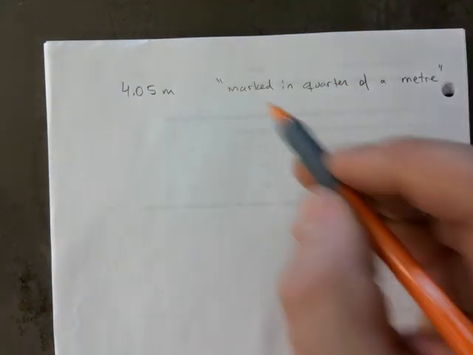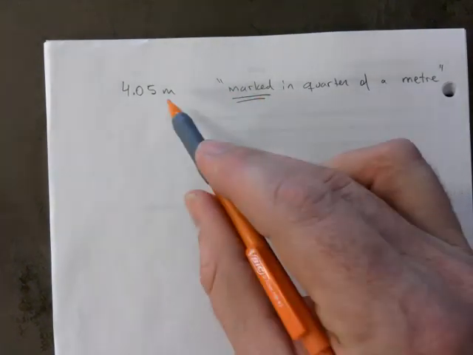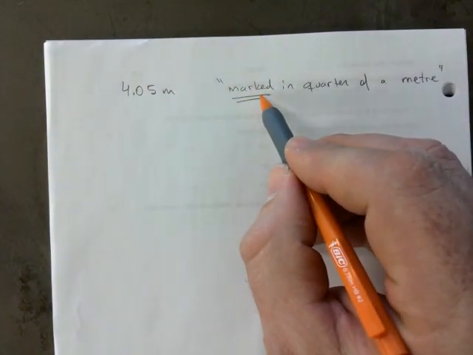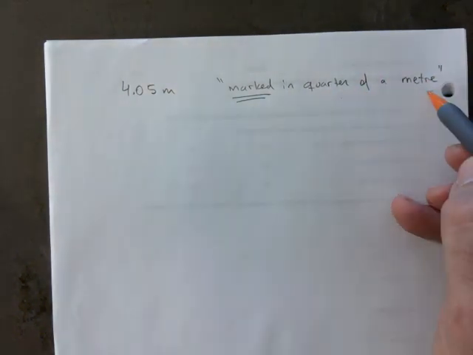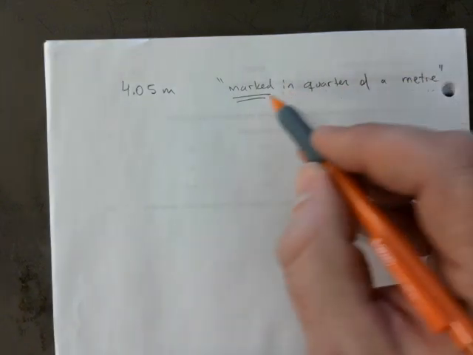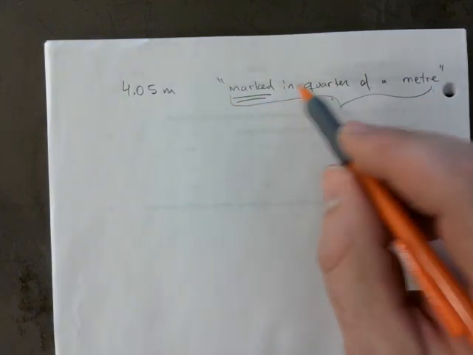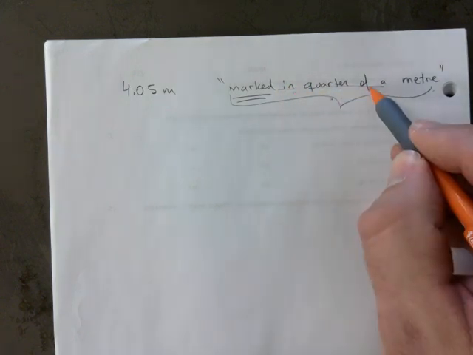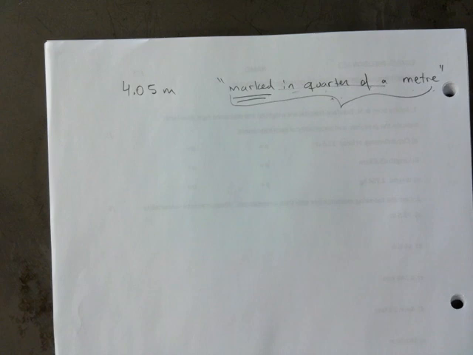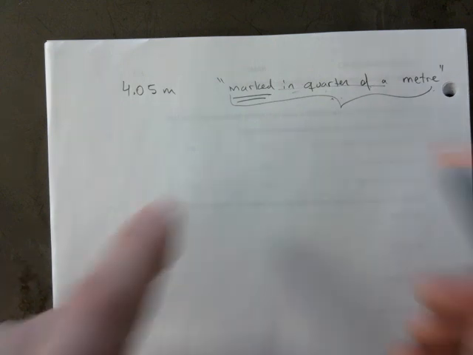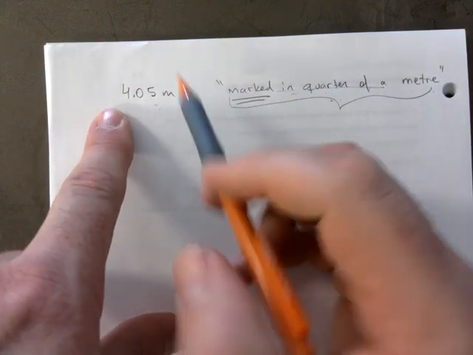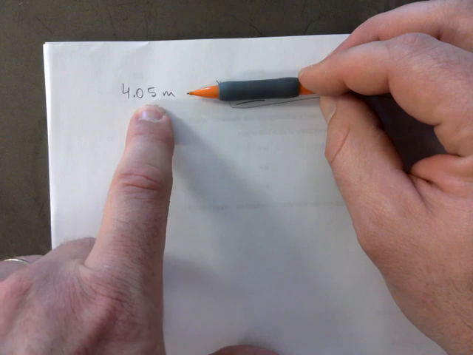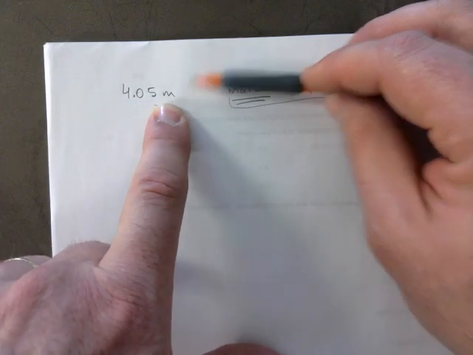But if you see anything like this ever, this piece was measured with something that has increments of quarter of a meter, or it's marked with quarter meter increments. This always trumps everything. When that is mentioned, or if you have a picture of that measuring device, you go by it. You don't go by the number. That's very important to keep in mind. So if there's nothing else given, then you just say this one is 0.01, the precision. But other than that, you go by the markings.